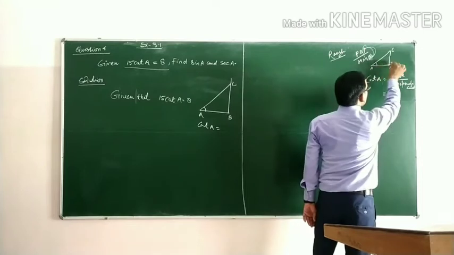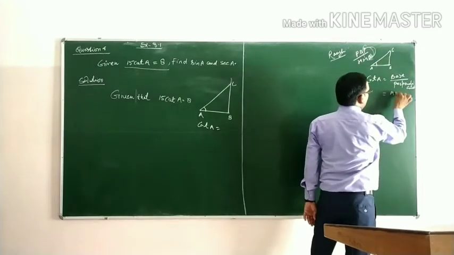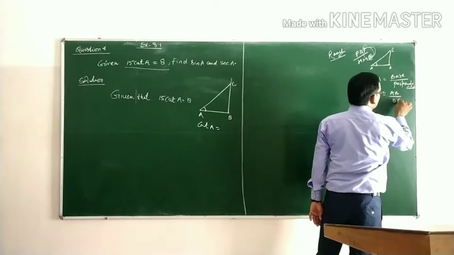What is the base? For angle A, base is the AB and perpendicular side is the BC.